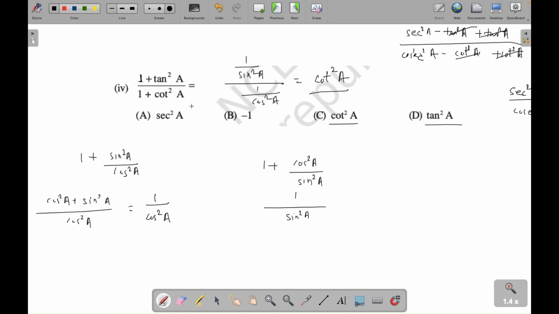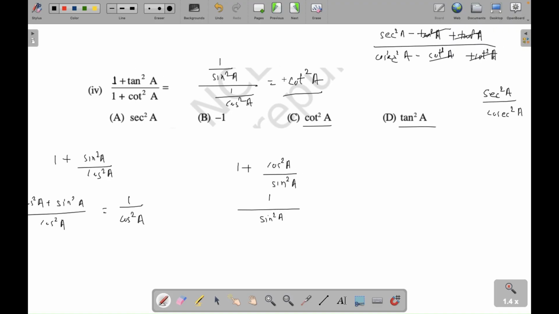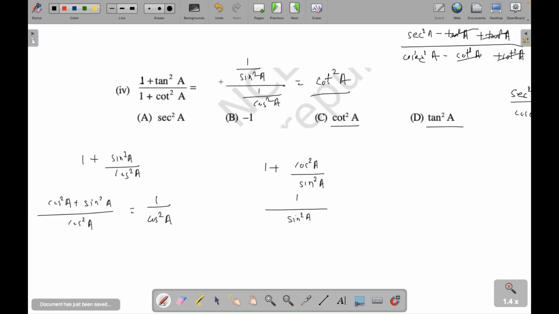Just a second. What did we do here? So we got 1 upon sine square A here. We had 1 upon sine square A here. So we did the opposite here actually.